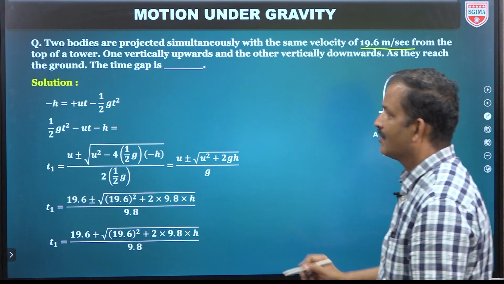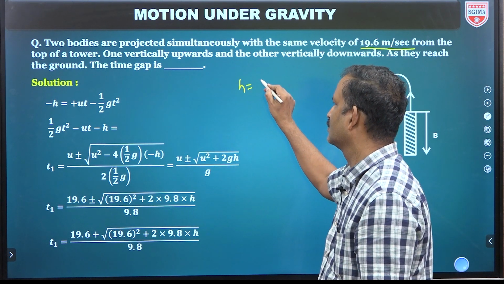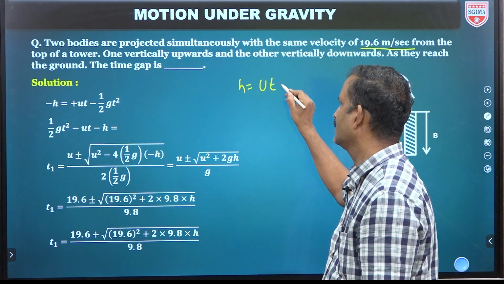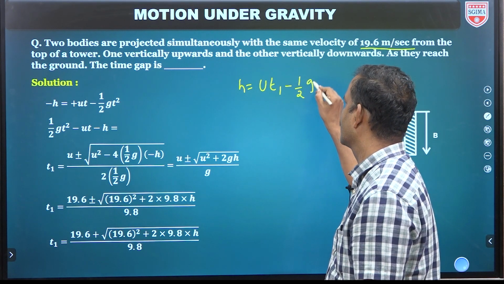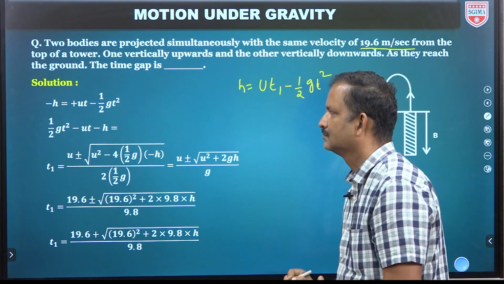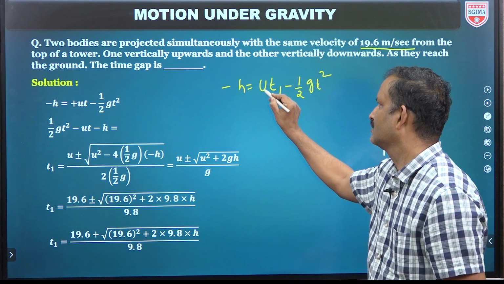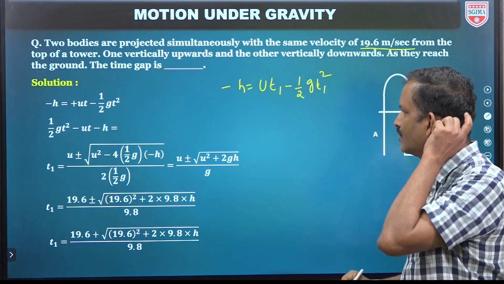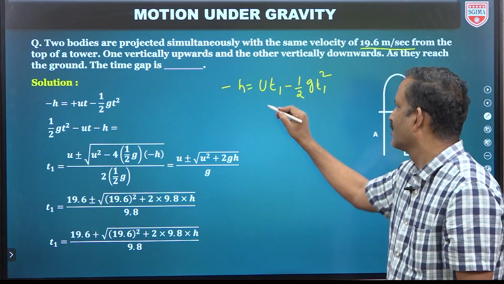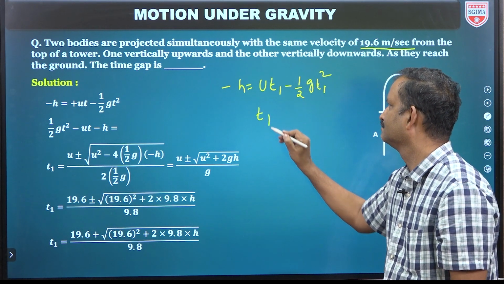One vertically upward: then h is equal to ut1 minus half gt square. H negative, u positive, a minus g. You can calculate this t1 by solving this quadratic equation. You will get this time t1.